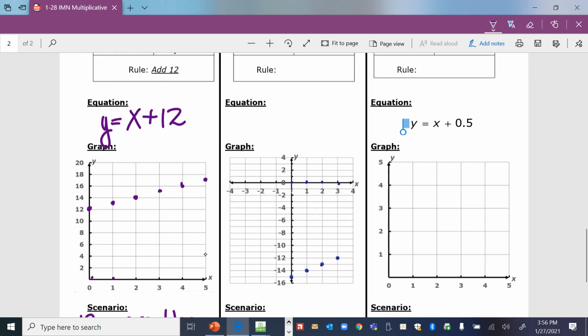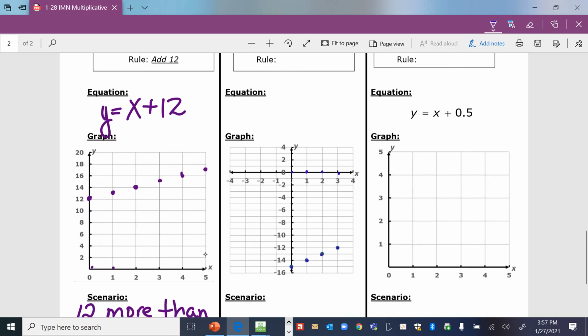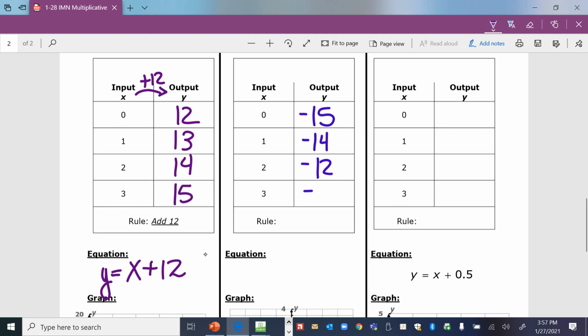Negative 15, negative 14... let me double check my numbers. I forgot 13, sorry, let me erase that. Crazy teacher. All right, negative 13. 3 is negative 12.